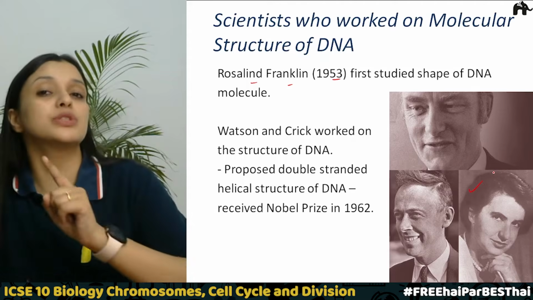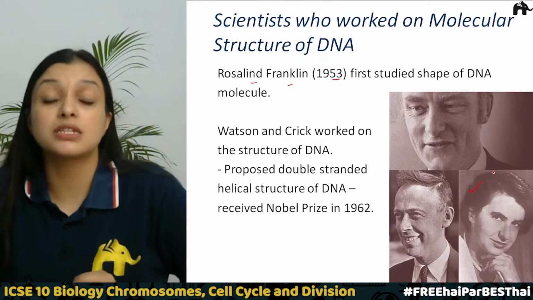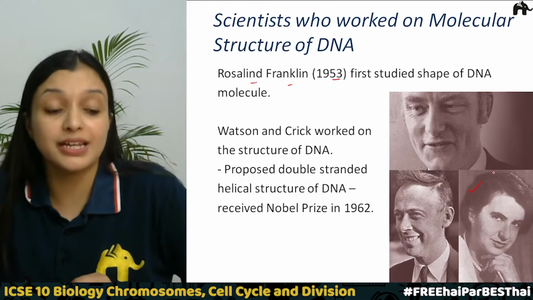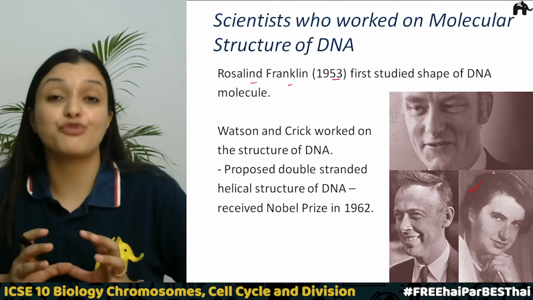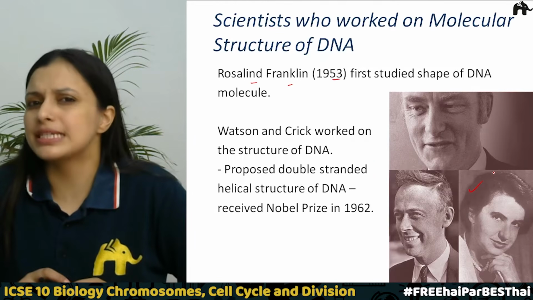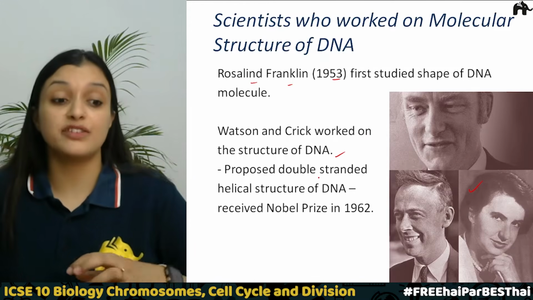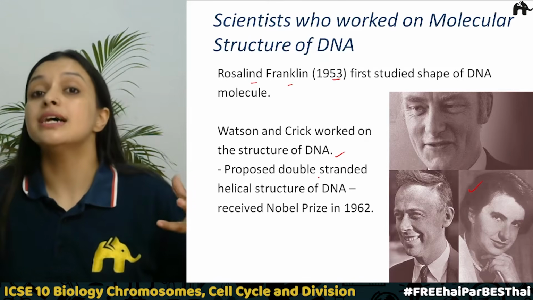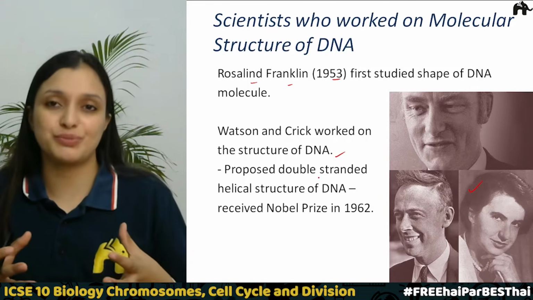In the same year there were two more scientists, namely Watson and Crick. They tried to make the structure of the DNA, for which they received a Nobel Prize in the year 1962. They proposed a double helical stranded structure of DNA.